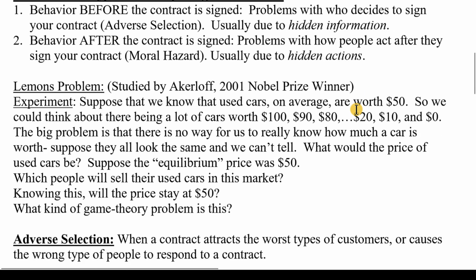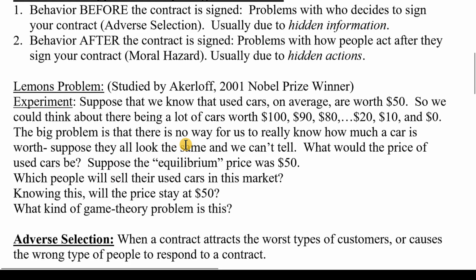So in this case, we'd think about the person who wants to buy a car being the principal and the agent being the potential sellers of the car. And the hidden information about the car is the problem here. So suppose all these cars look the same to us. We don't know much about cars, and we just can't tell. What would the price of used cars be in this market?